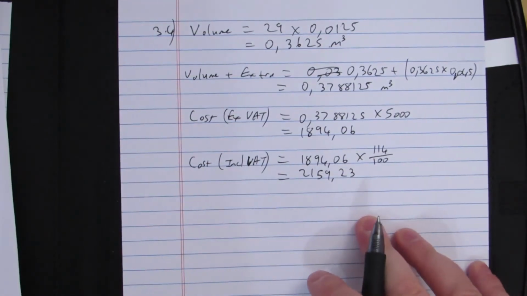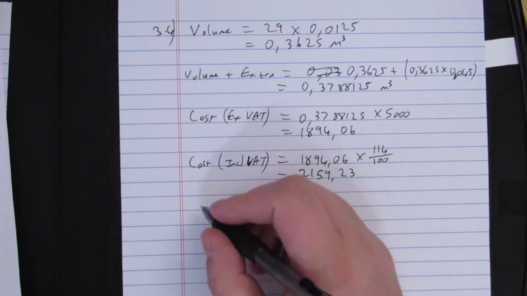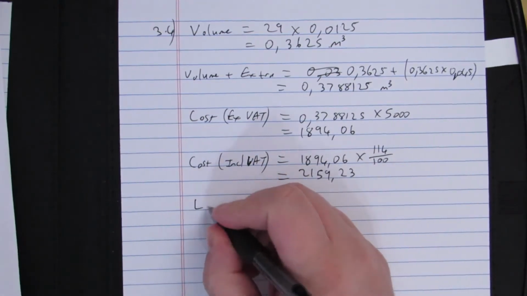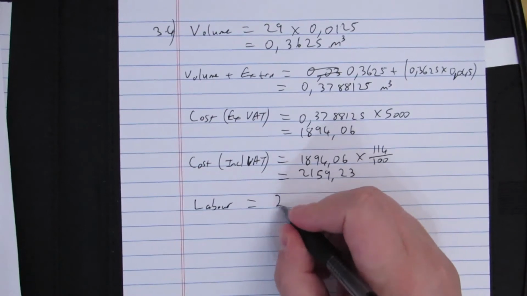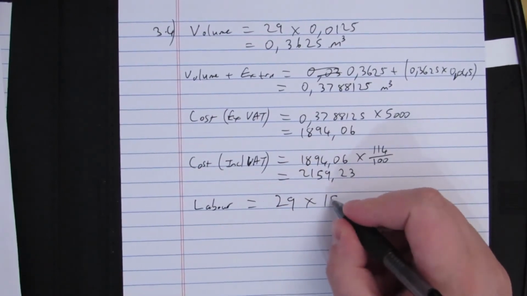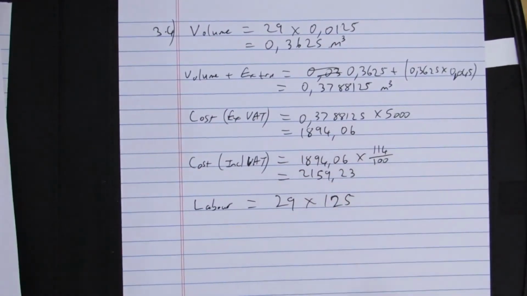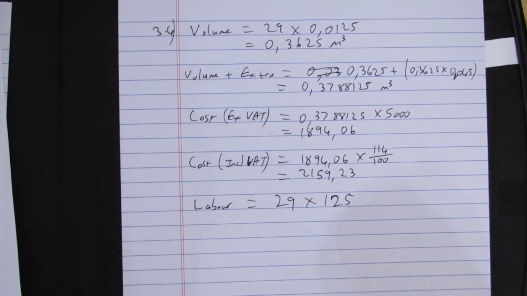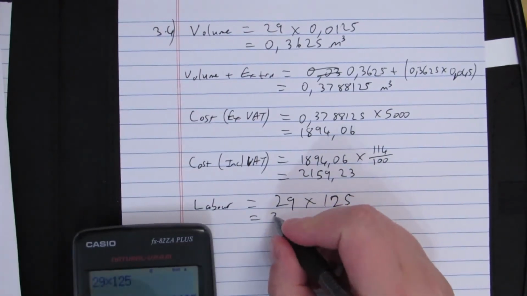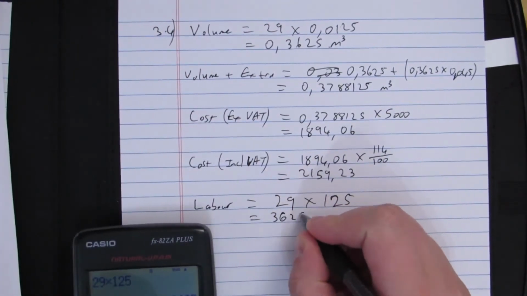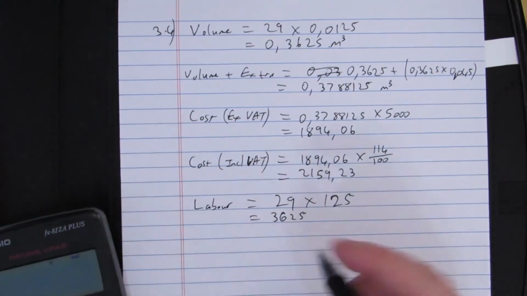Then I need to look at the cost of labor. So the labor cost is going to be 29 square meters by 125 rand per square meter, including that. This is my nice simple one. So I have 3,625 rand there.